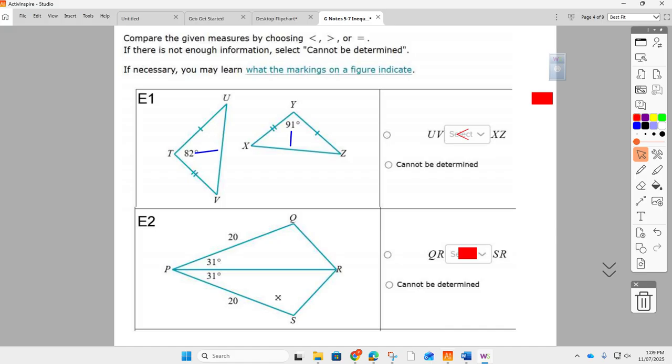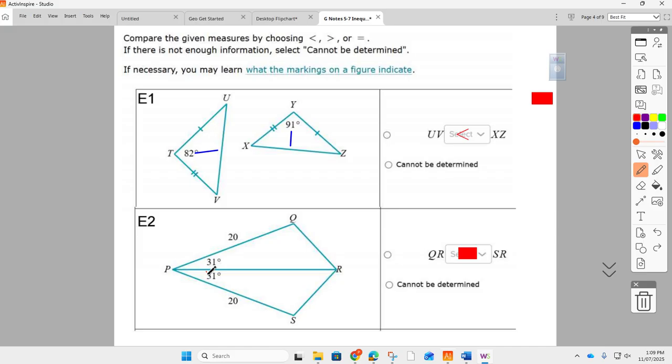I see no congruent marks here. Do we know if any sides are congruent, Kyle? You don't know? So we're talking about this triangle and this triangle. Did any of the sides get marked congruent? No. Do any of the sides have the same measure? Yeah, which side?